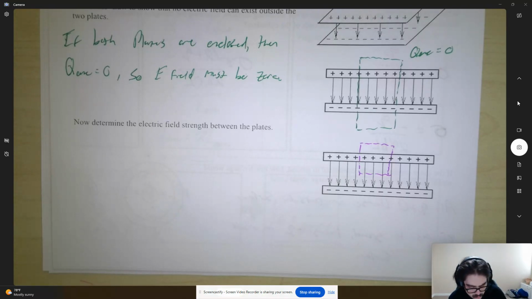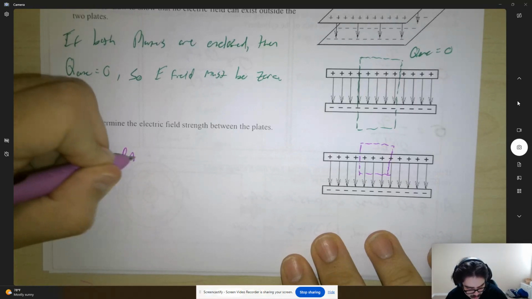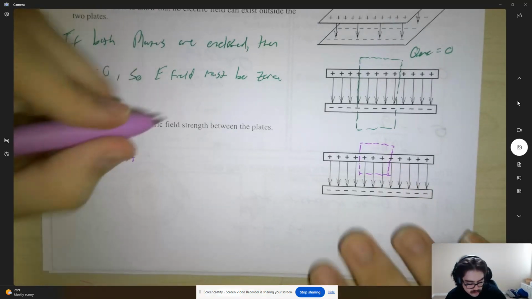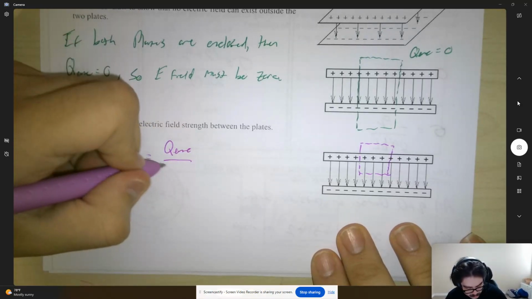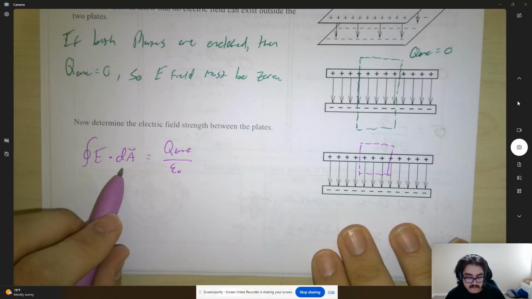And when I do the integral, this is going to be a little bit different because only one face of the Gaussian surface is getting flux through it. The only area that's getting the flux is just 1A.